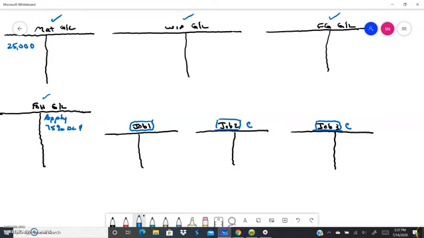It would be a debit to materials inventory, a credit to accounts payable. So I'm not going to do anything more with that. Now what we're going to do is requisition materials into the factory, and then assign those to each job.